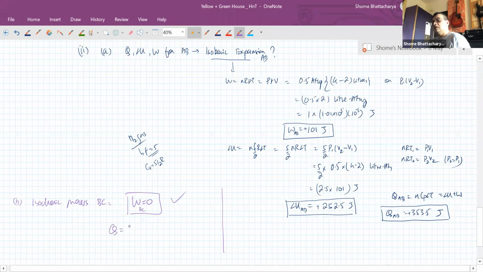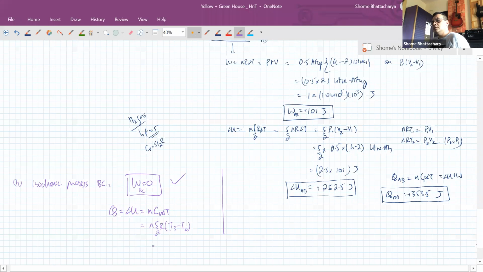Q is equal to delta U equal to nCV delta T. So that is n into 5 by 2 R into T3 minus T2.